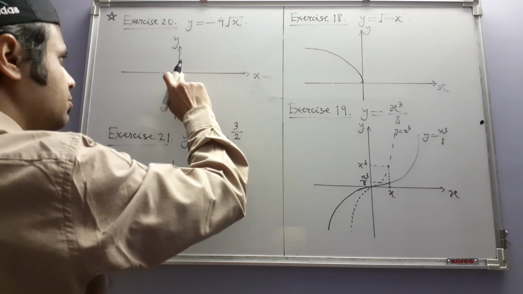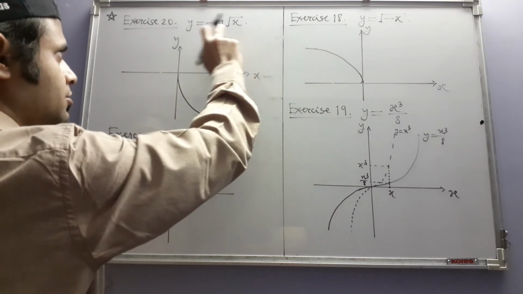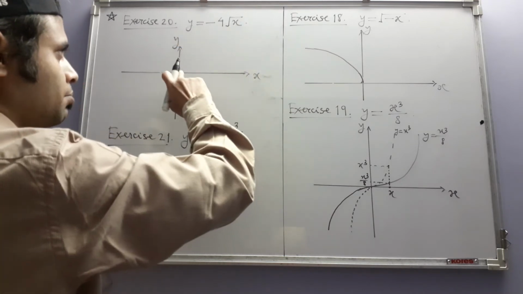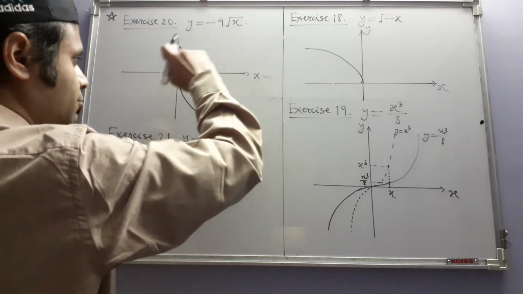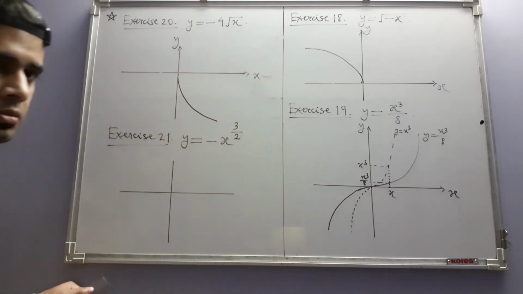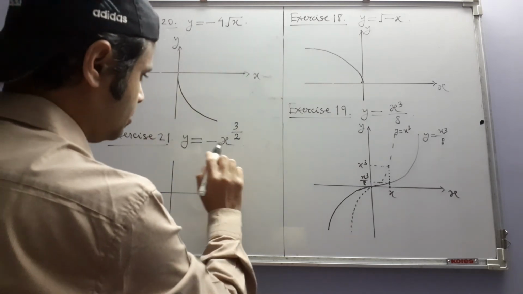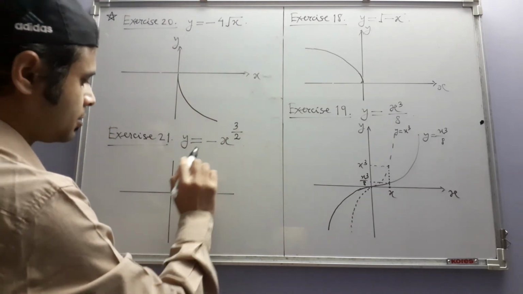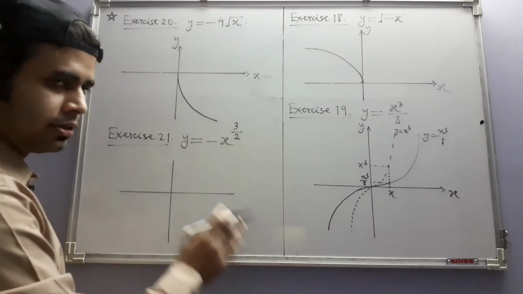Either it is 0, for example here, when you put x equal to 0, you get y equal to 0. For positive values of x, the values of y are negative. So the graph lies below the x-axis.